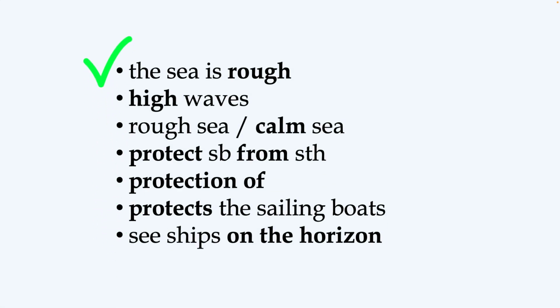The sea is rough, high waves, rough sea or calm sea. Protect somebody from something. Protection of or the protection of. Protects the sailing boats from. See ships on the horizon.